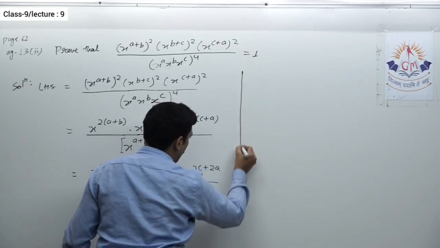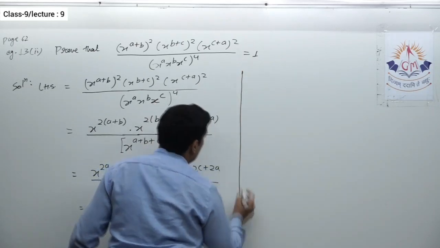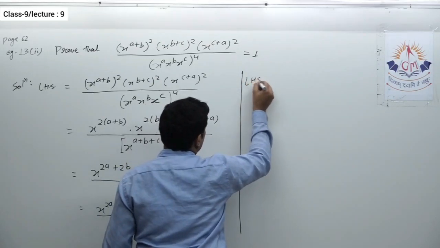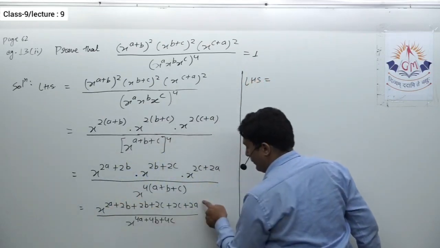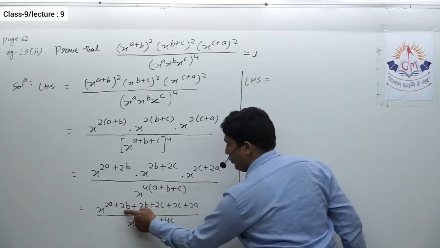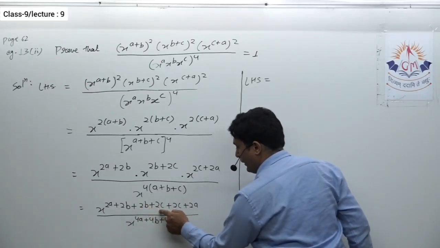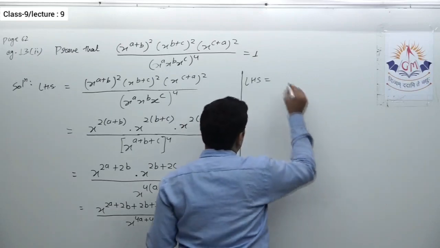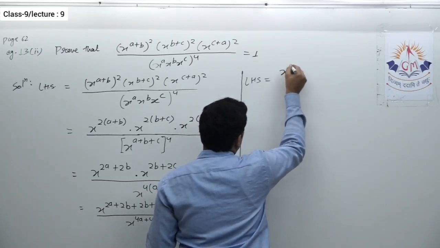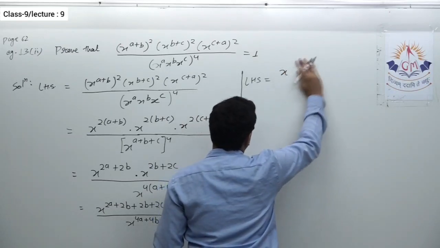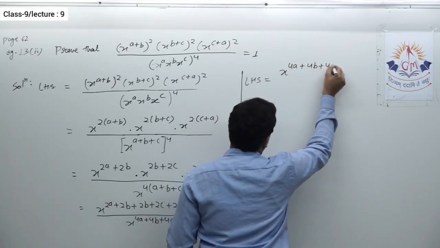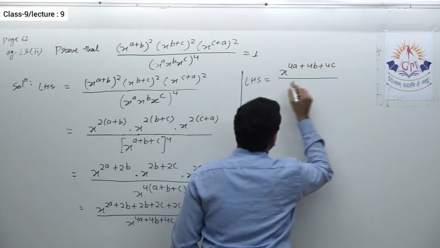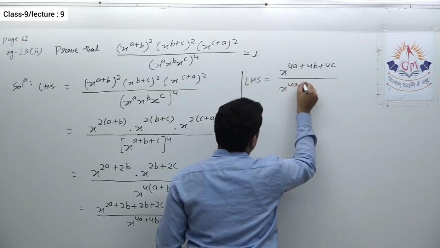Okay, now next step in the left hand side. So here I write LHS is equal to. Now in the numerator you can see this is 2a, this is 2a, so 4a. 2b plus 2b, 4b. 2c plus 2c, 4c. So here I get x raised to 4a plus 4b plus 4c. And in the denominator again I get the same thing.